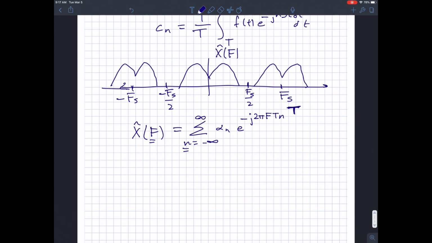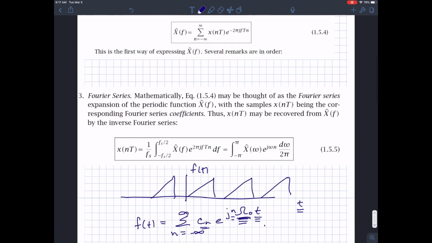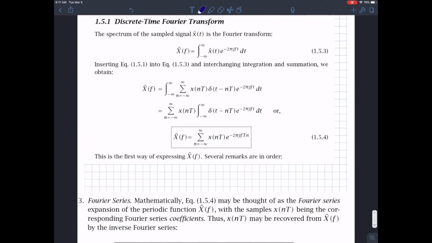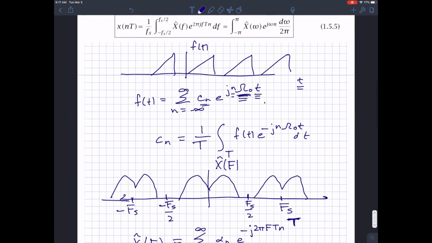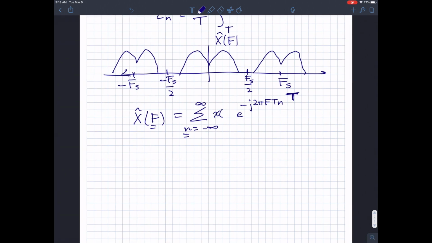So if I did that, and I notice way back up here with the definition of the discrete time Fourier transform, this looks exactly the same. This plays the role of the alpha n's. So the alpha n's are actually the sample values. So I can erase that and replace it with x of nT.